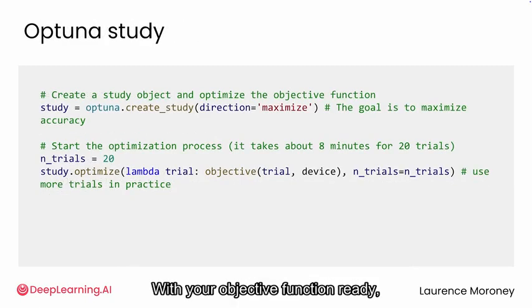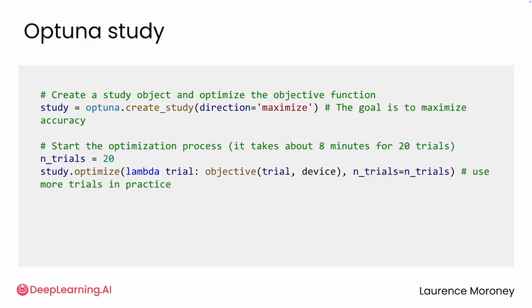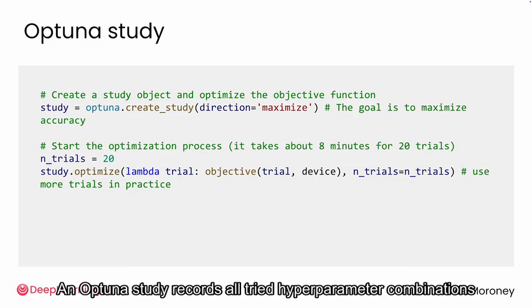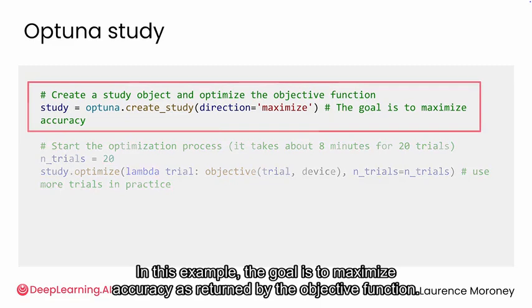With your objective function ready, the next step is to create an Optuna study and initiate the optimization process. An Optuna study records all tried hyperparameter combinations and the outcomes of each trial and identifies the best configuration. In this example, the goal is to maximize accuracy as returned by the objective function.